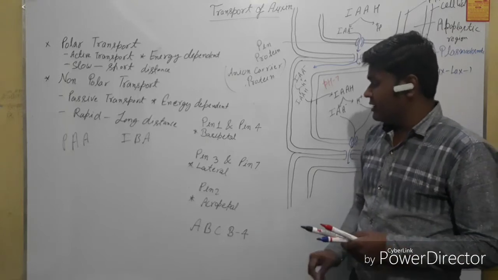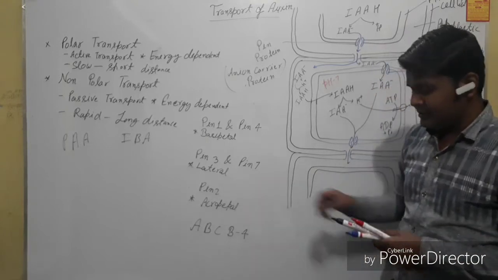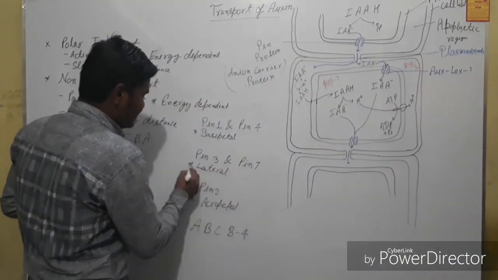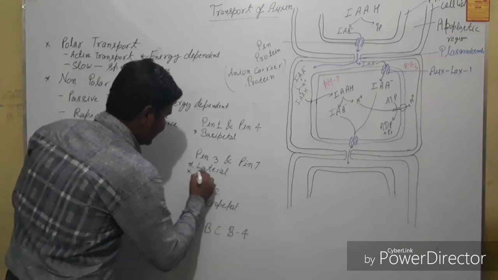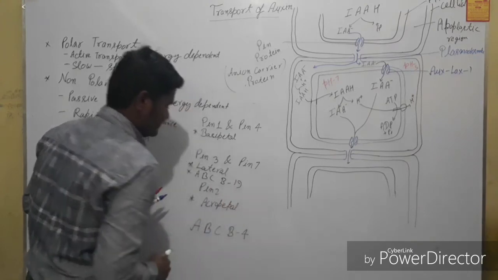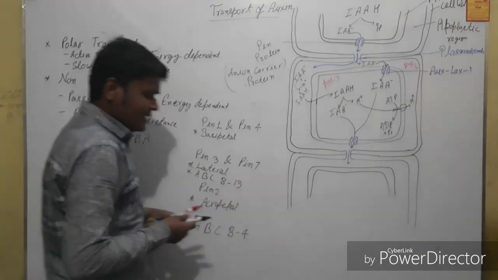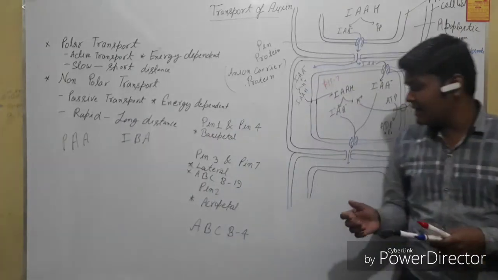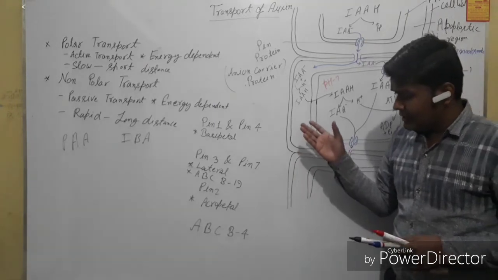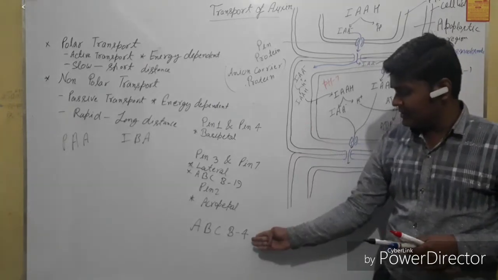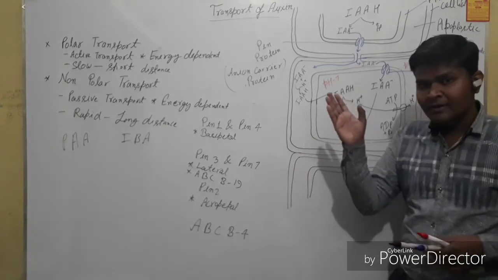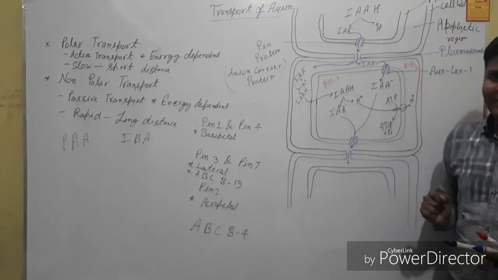And laterally, another protein, ABCB19, helps in lateral movement. There are so many proteins, ABCB1, ABCB4, ABCB14, and ABCB15 is also discovered here.